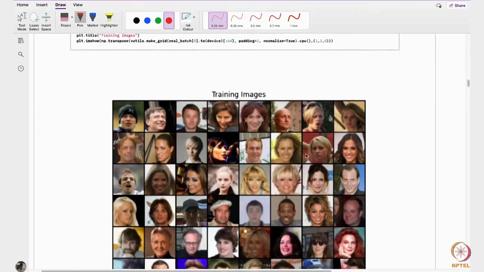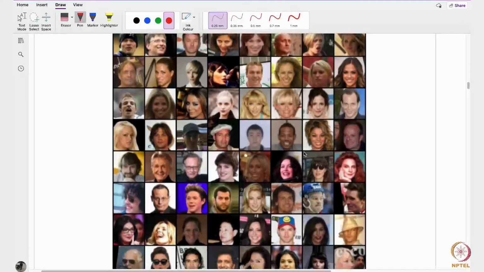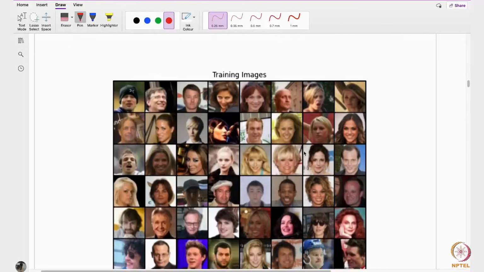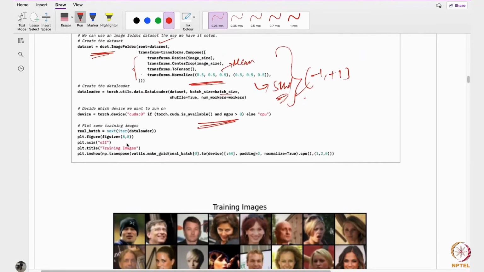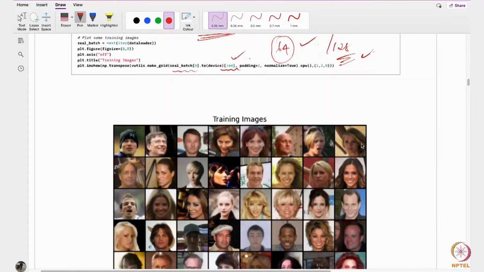Here they take out 64 images out of the 128 in a particular batch, and they have shown them here using matplotlib.